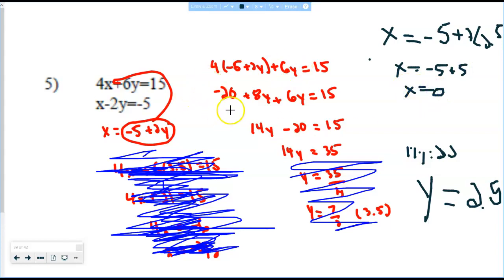So it looks like x equals 0 and y equals 2.5. So 4 times 0 is 0. Plus 6 times 2.5 is 15. And that checks out. Okay. And then 0 minus 2 times 2.5 is negative 5. So we're good. So the answer is 0, 2.5.